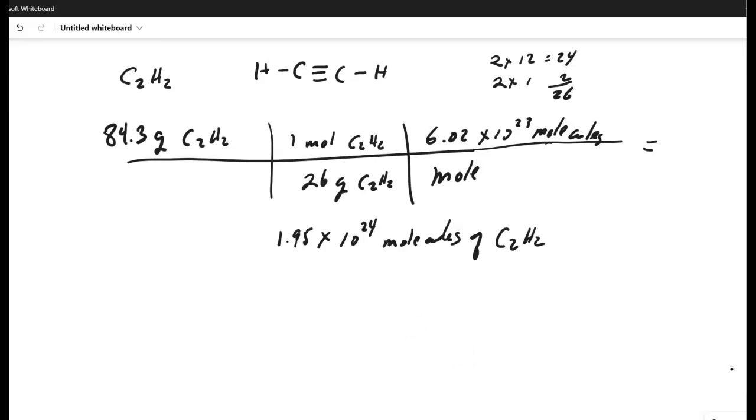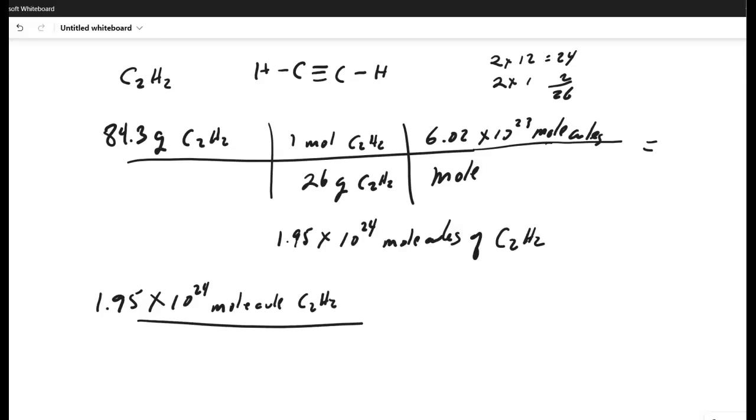So the next question says, how many carbon atoms are there? Well, let me come down here and redo it. 1.95 times 10 to the 24th molecules C2H2. And I'm going to say I've got 2 carbon atoms per molecule.